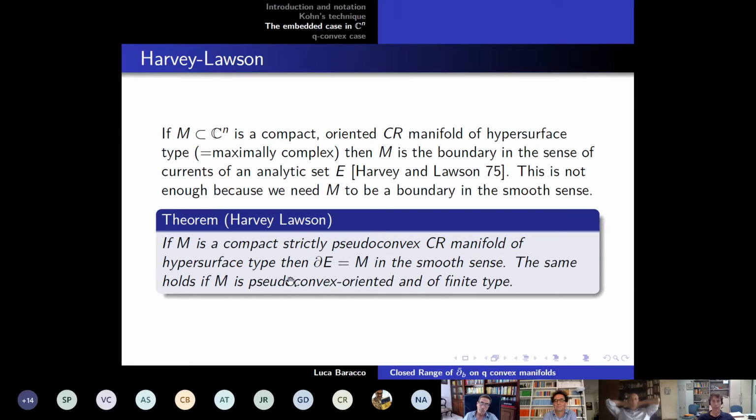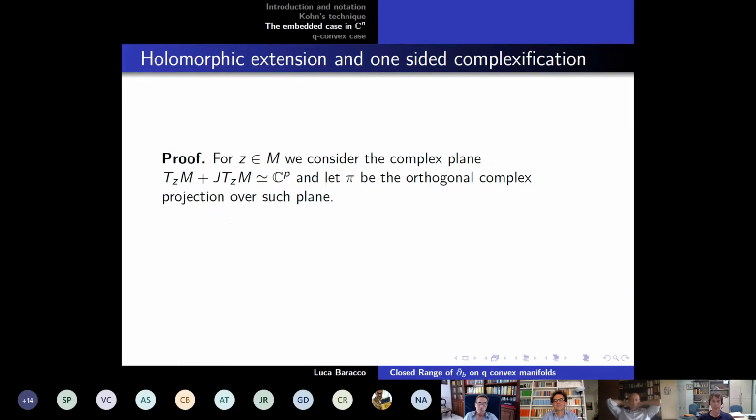And the same is true if M is pseudo-convex, oriented and of finite type. So I would like to give a proof of this fact because I will need it later.